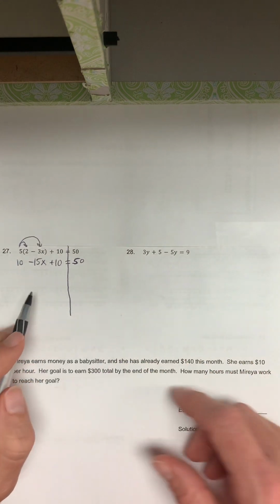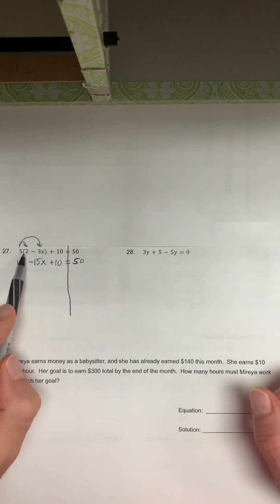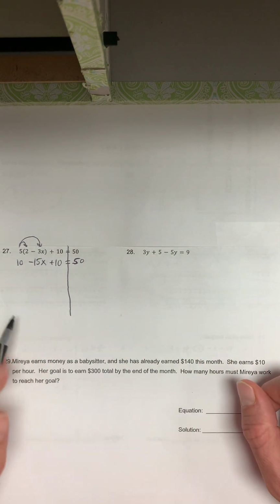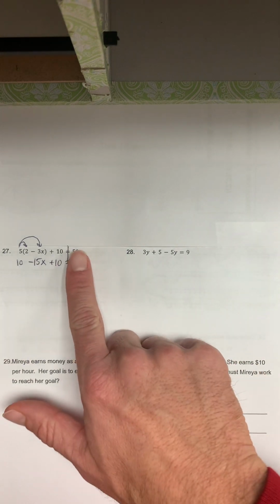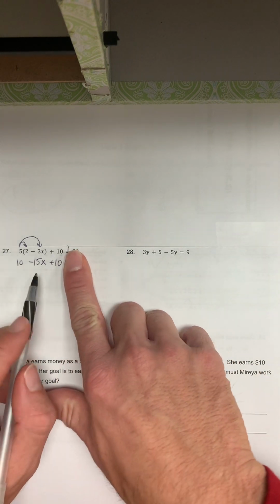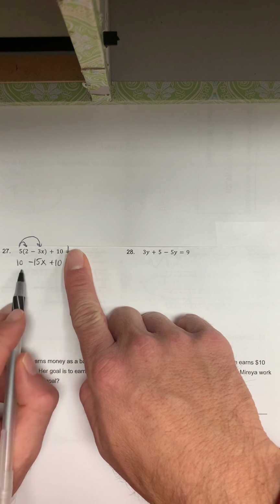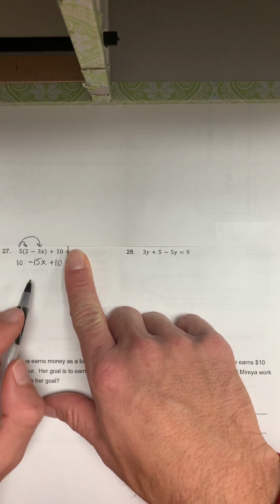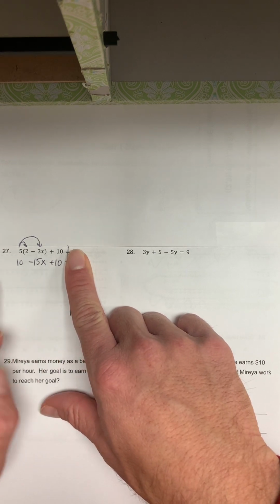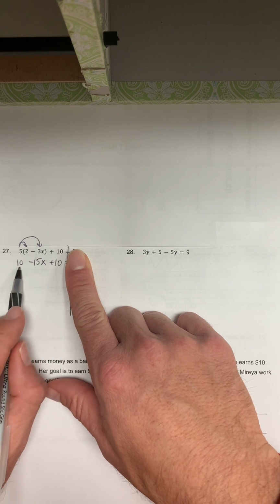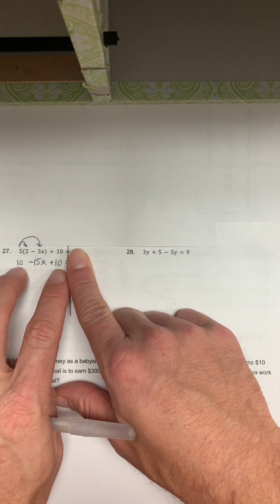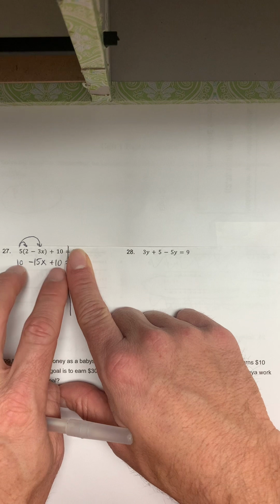Okay, so what do you do after you've taken care of the parentheses? Once I do that, what I like to do is cover up one side at a time. And I like to look and see, is there anything over here that's combinable? Are there any like terms? So I've got 1, 2, 3 things here. Do you see how the first one and the last one, those are just numbers? They don't have an x attached to it. Those are combinable.